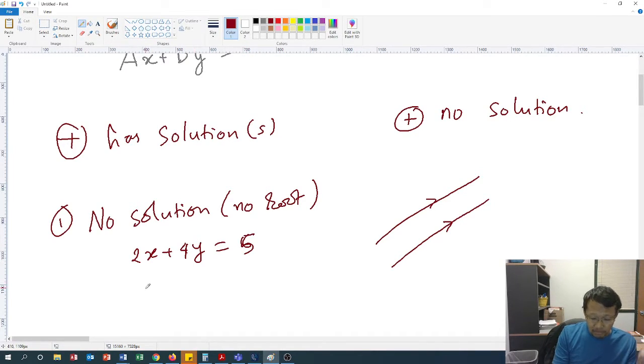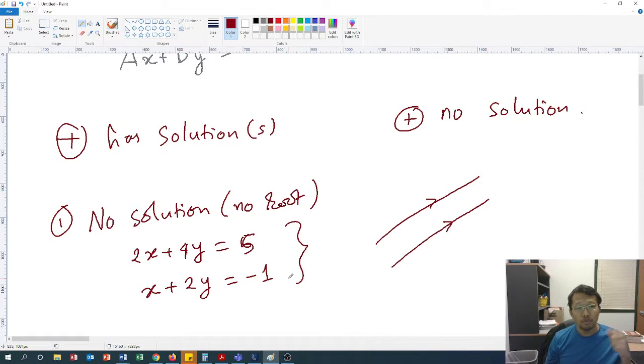Then a similar kind of equation, x plus 2y equals -1. Now, if you want to solve this, then you won't be finding any intersection between these two lines. So that's why this system of linear equations does not have a solution.